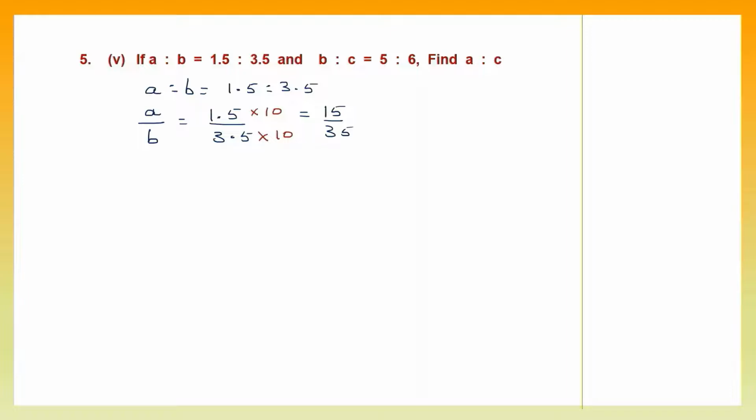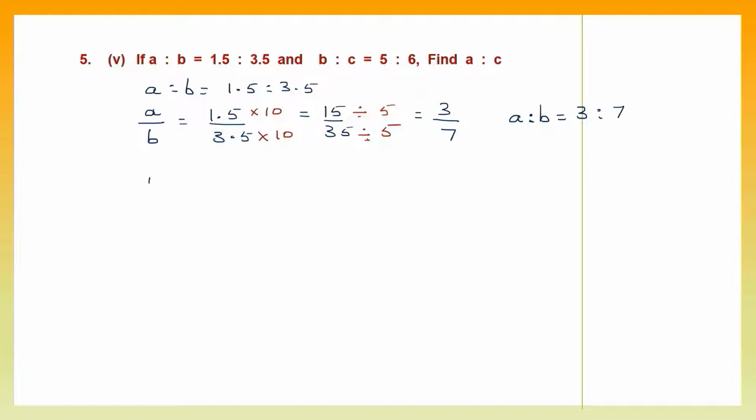Now let's see if we can reduce 15 by 35 to the lowest term. Yes, I can divide both by 5. If I divide both by 5, what do I get? 5 3s are 15 and 5 7s are 35. So A is to B is equal to 3 is to 7. So I've got this first part. Now let's go to the next one.